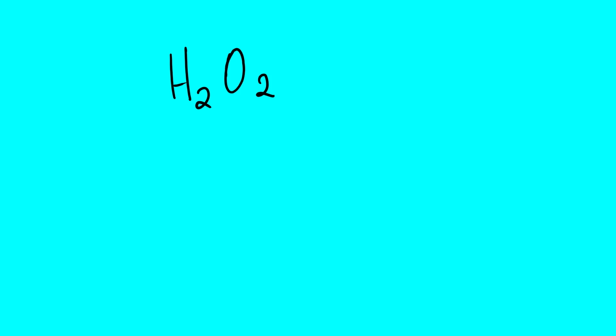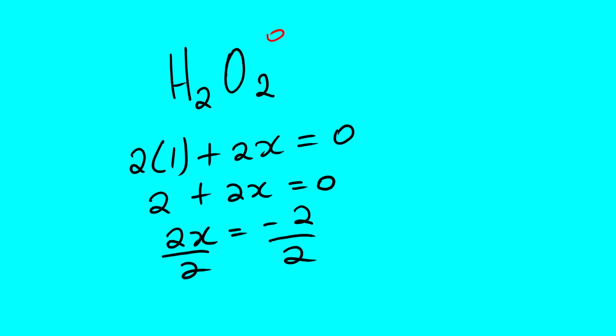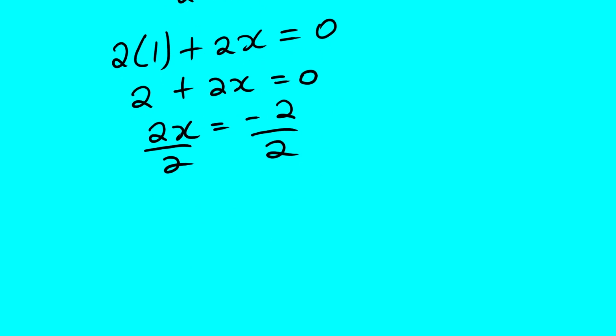If you calculate, we see that the overall is 0. We have 2 atoms of hydrogen, 1, plus 2 atoms of oxygen. Then 2 plus 2x equals 0. We have 2x equals negative 2. We divide by 2 on both sides. This results in x equals negative 1.